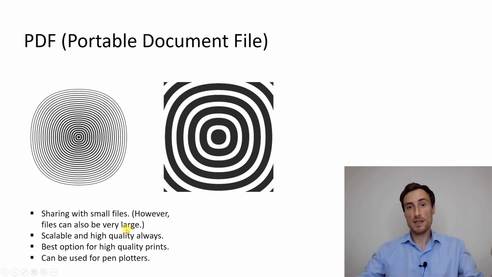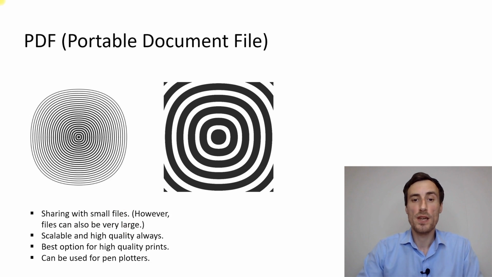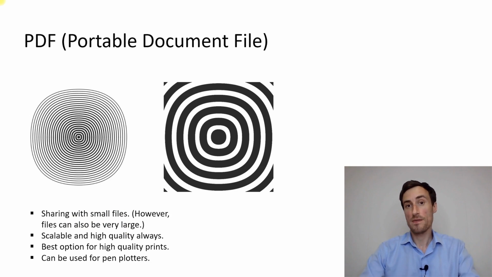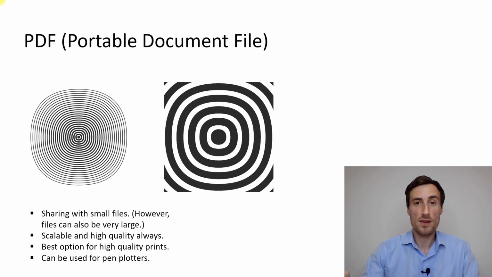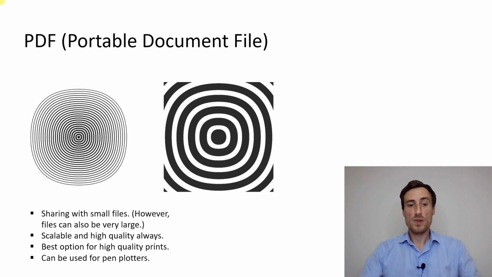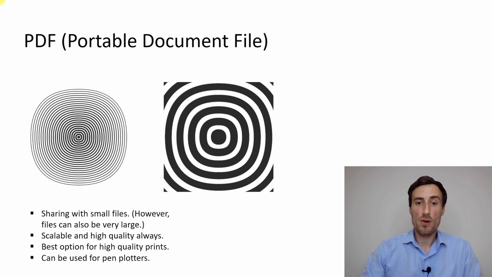However, of course, the files can be very, very large if you have too many objects inside. So when you want to save certain PDFs in processing, where you have maybe 10,000 or 100,000 objects, perhaps circles, the files become incredibly big. The advantage of PDFs is, of course, you can scale, and you always retain the high quality.